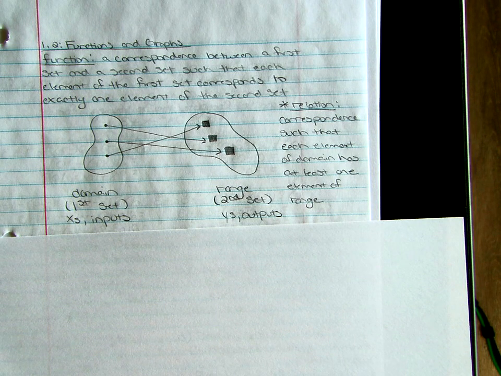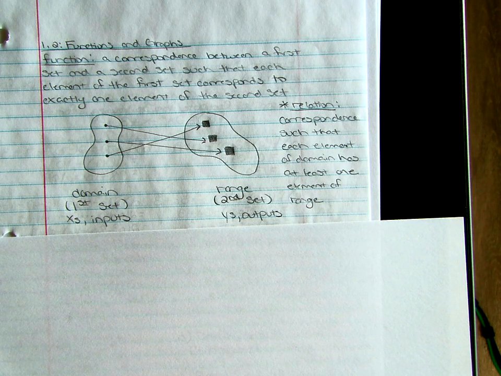I'm not going to plug in 2 and get out 1 sometimes, and plug in 2 and get out 3 sometimes. Every time I plug in 2 into my function, I'm going to get out the same answer every single time. That's what it means to be a function. If you can plug in 2, and sometimes you get out 1, and sometimes you get out 3, then you are not a function. There isn't that correspondence between what you put in and what you got out.